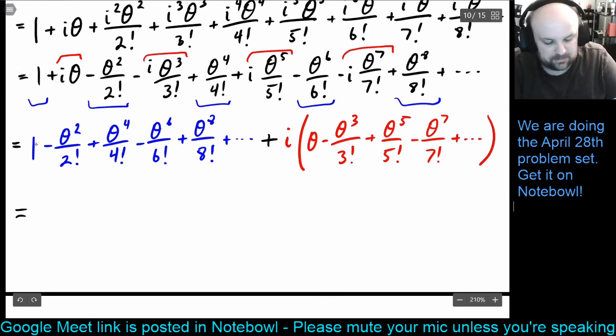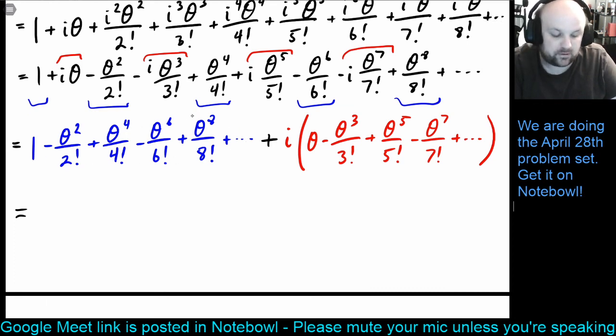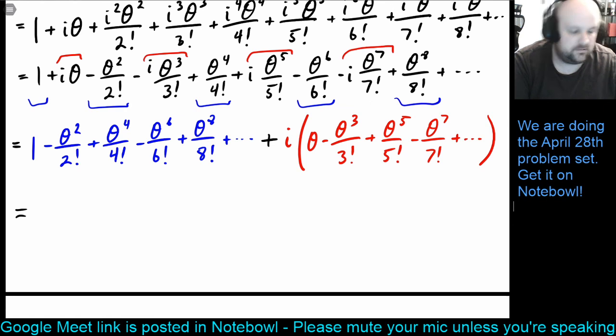What is, in blue here, what is this power series that's been formed? All this stuff, what does that make up? In blue, what is that?